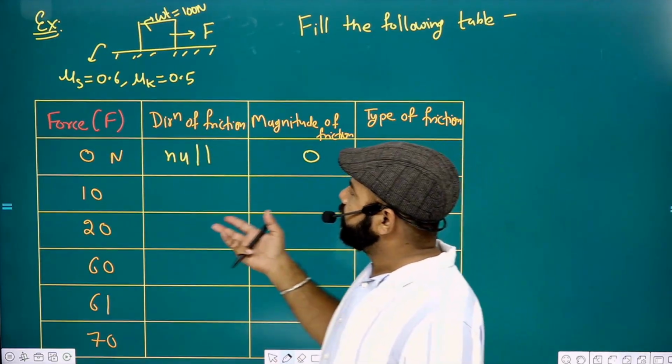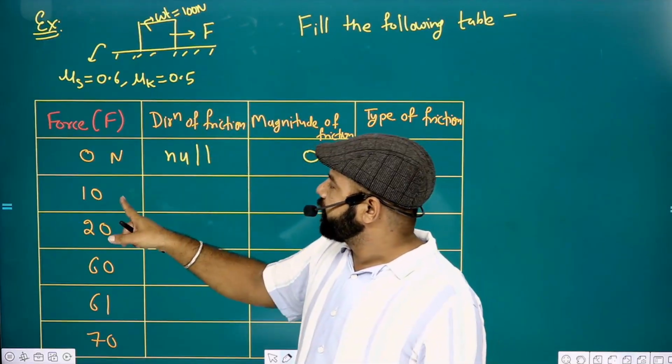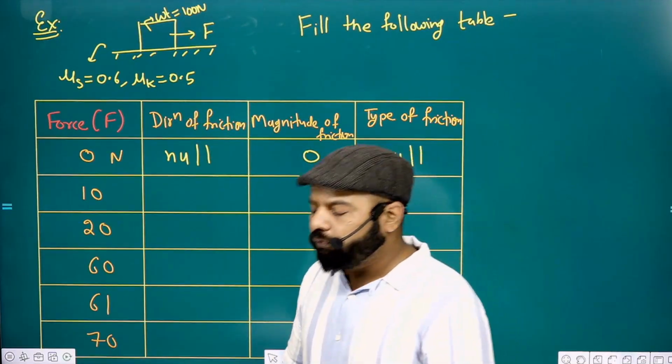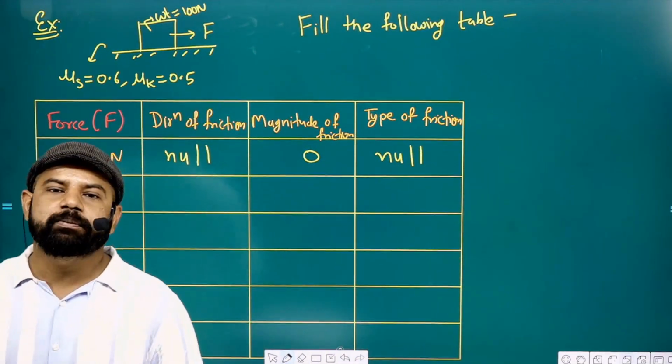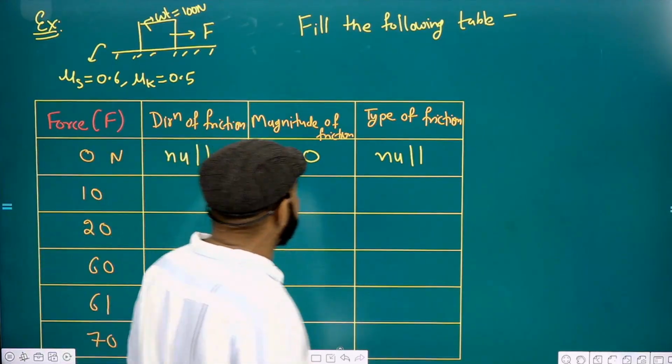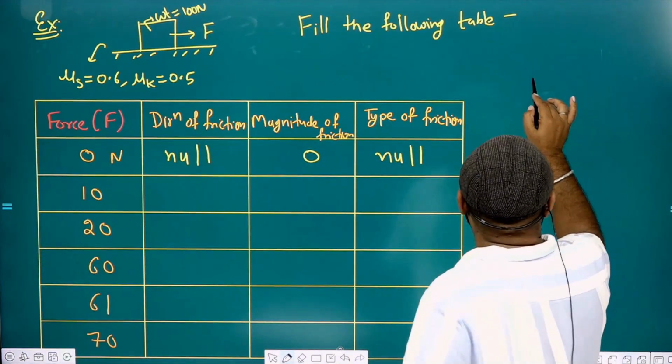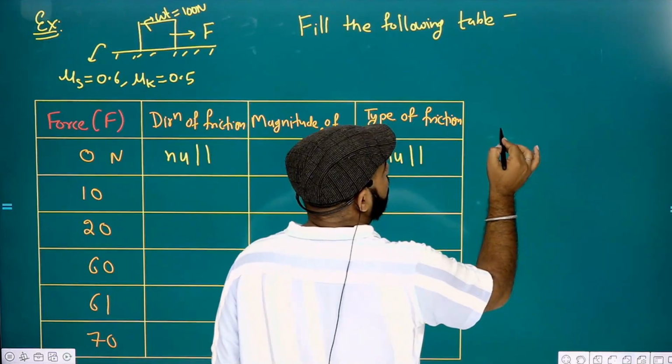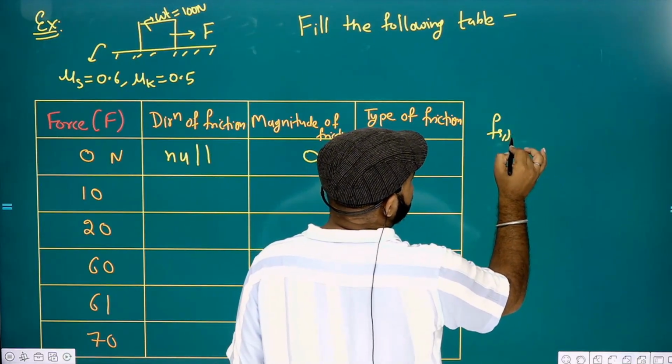Now in the second case, if we are applying a force of 10 Newton, what type of friction will be acting, its magnitude and its direction? Here in this case, let us calculate F s limiting.